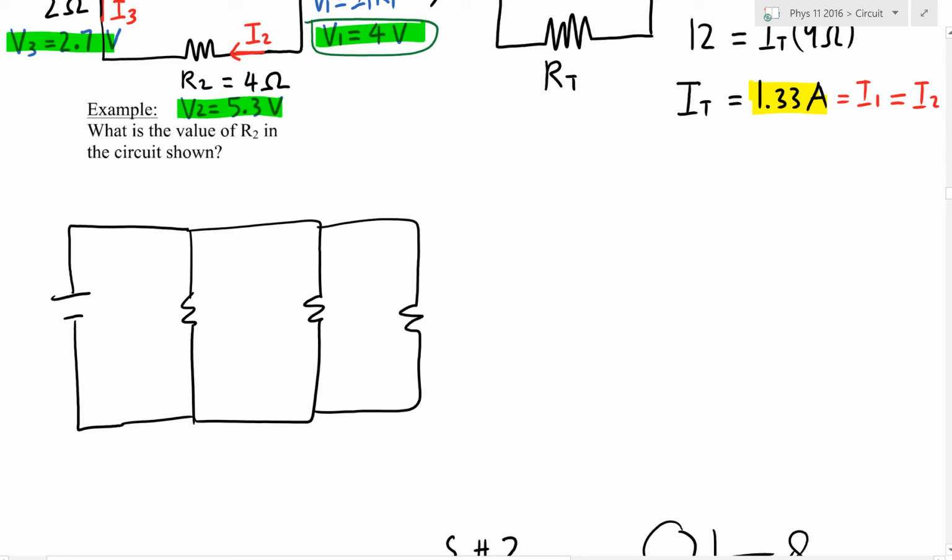Okay, so now it's going to be resistor 1, which is 40 ohm. Resistor 2 is an unknown. We don't know how big that is. Resistor 3 is going to be 60 ohms. And the total voltage from the battery is 24 volts.